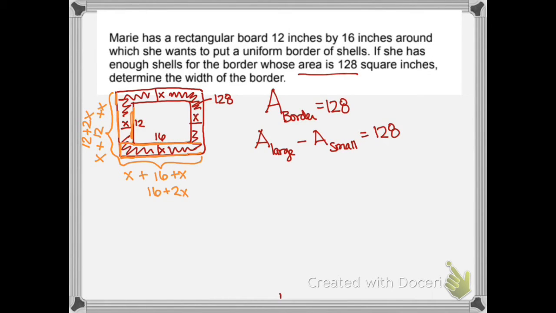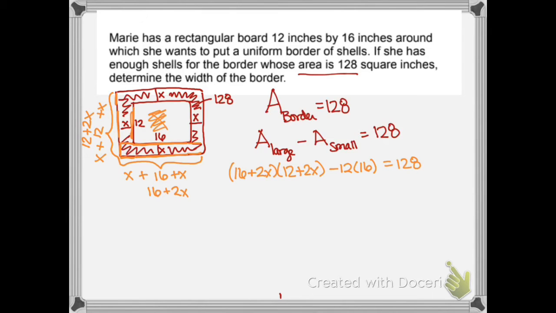And so the area of that large rectangle, we're going to multiply 16 plus 2x times 12 plus 2x. And then we're going to subtract the part we don't want, because we don't want this middle region. So that is going to be the 12 by 16, because those are its length and width. So here's our equation.